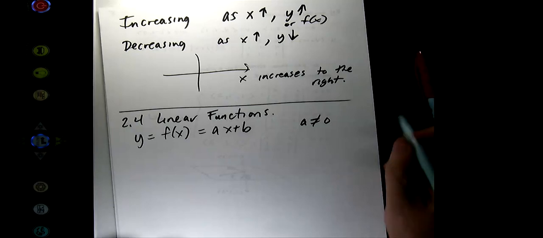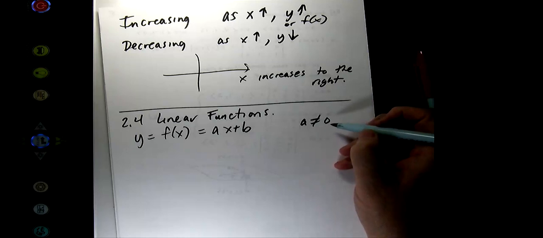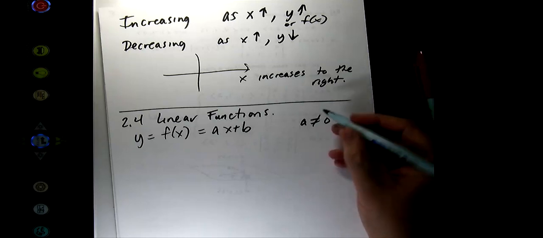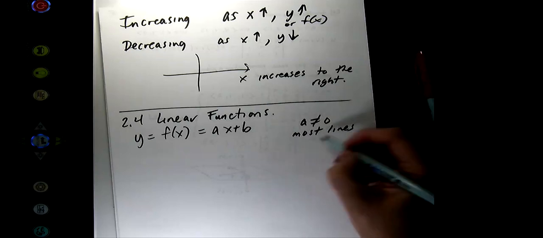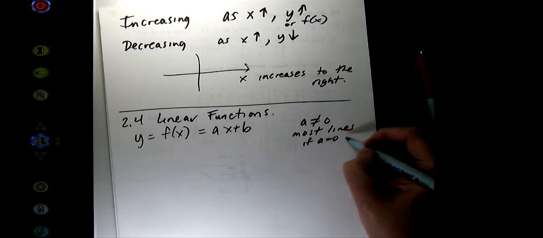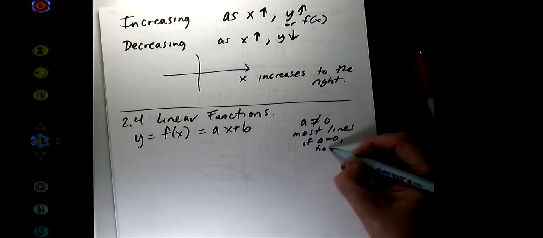A not equal to 0 gives most lines. If a equals 0, this is a horizontal line only.